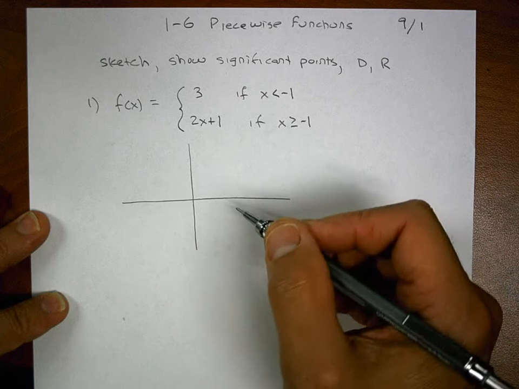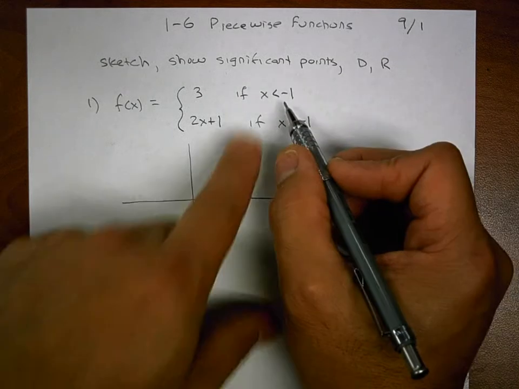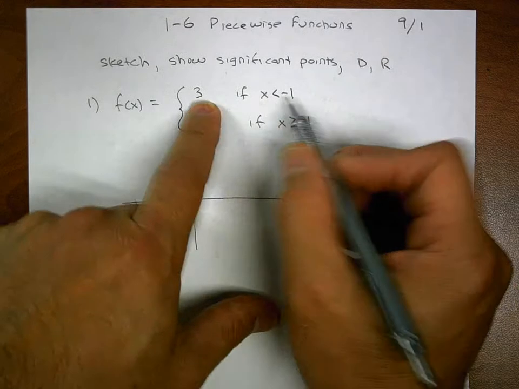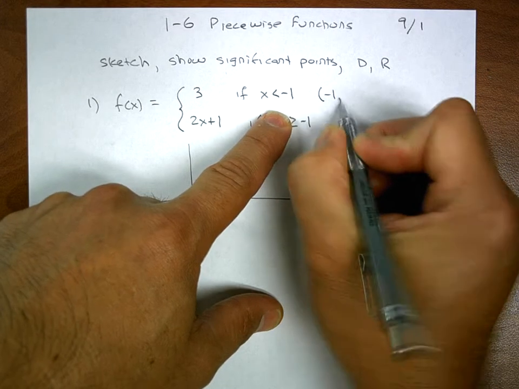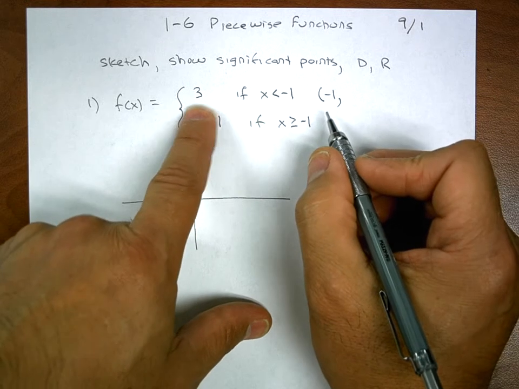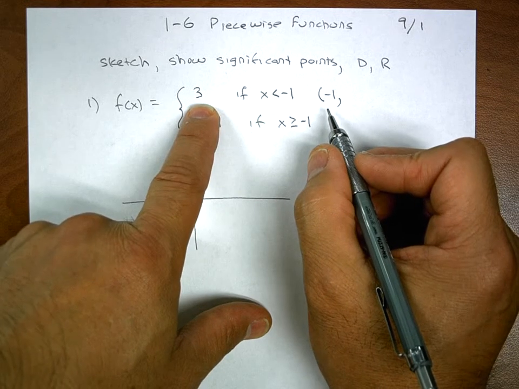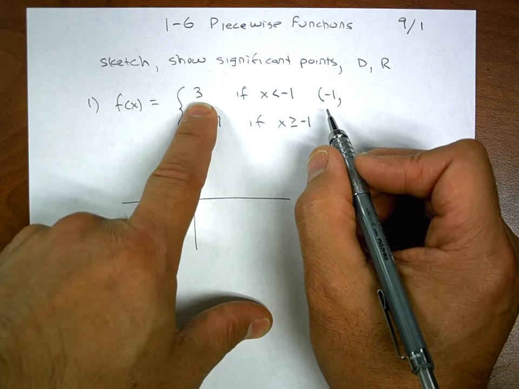Okay, the first thing I do is I want to plug in these points. So this -1, I'll plug it in. So now I literally write an ordered pair. So x is -1, and then we plug it in. There's actually no x to plug in. So what's y? 3. Y is always 3. Doesn't matter what x is. Y is always 3, right?